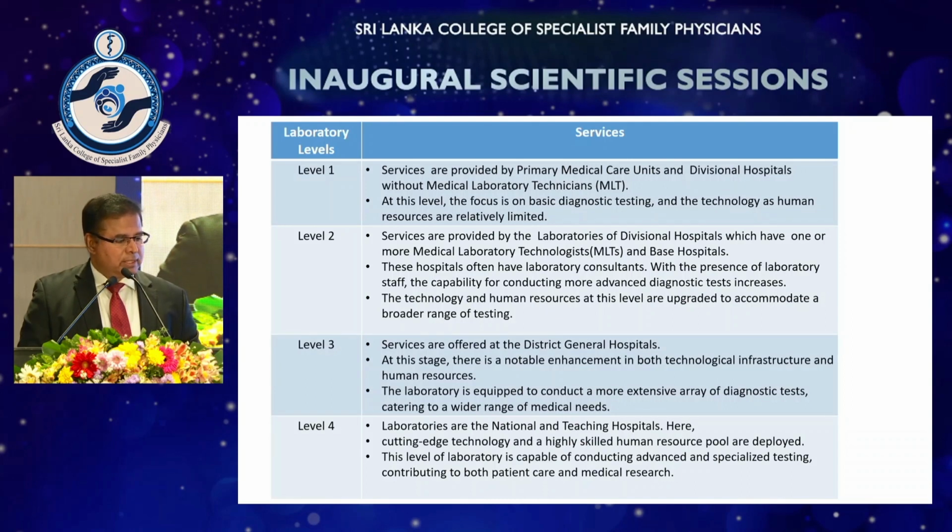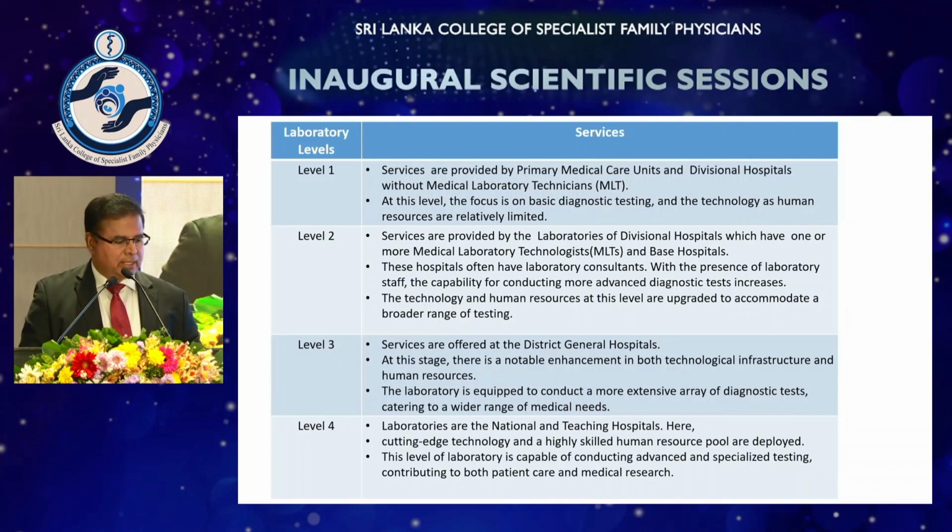Level 2 laboratories are provided by the laboratories in divisional hospitals as well as base hospitals. Some divisional hospitals have at least one medical laboratory technologist. So in a divisional hospital, there is a laboratory with basic facilities, and we designate these as level 2 laboratories.